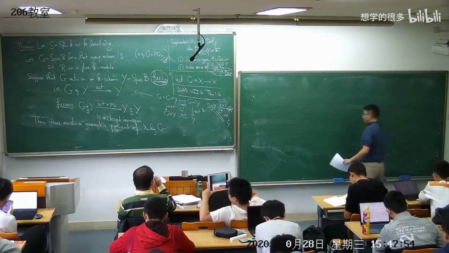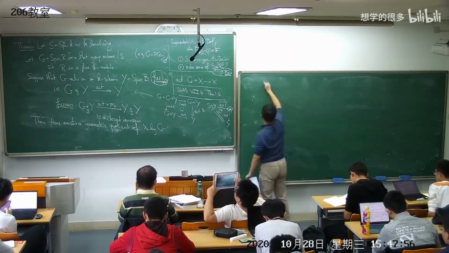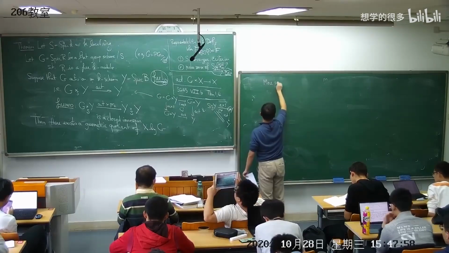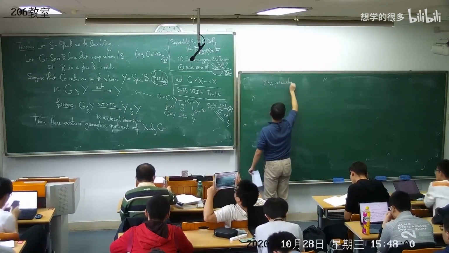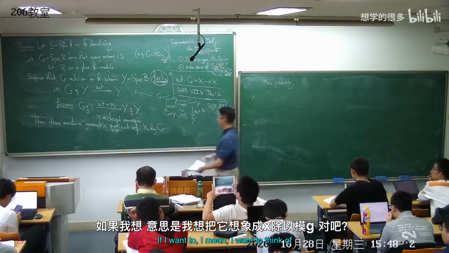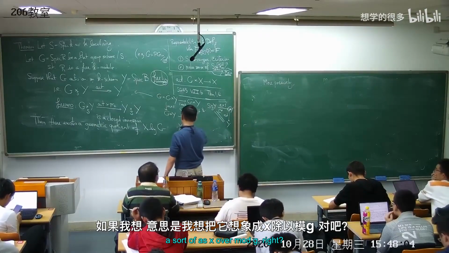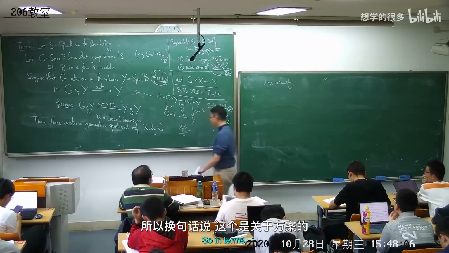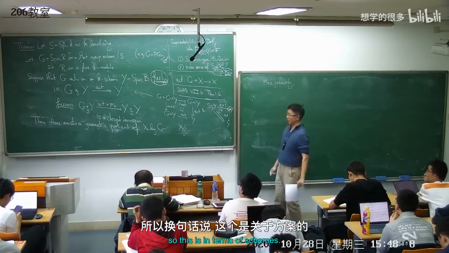More precisely, I want to think of it sort of as x over mod g, right? The quotient by g. So this is in terms of schemes.